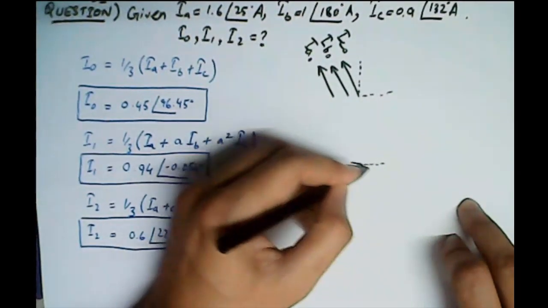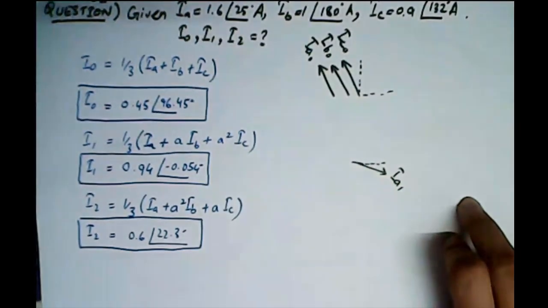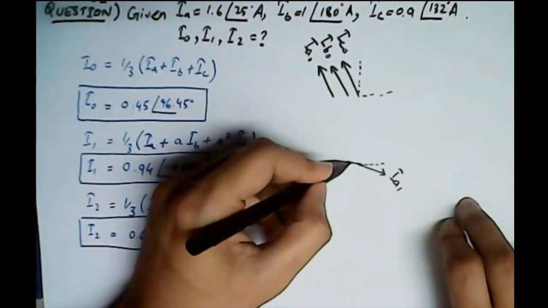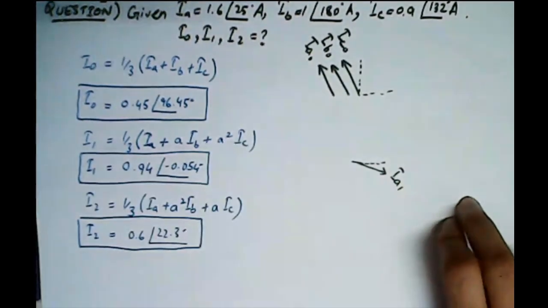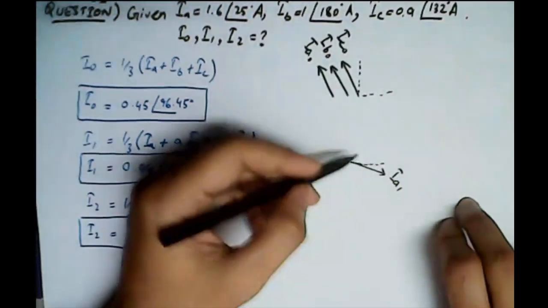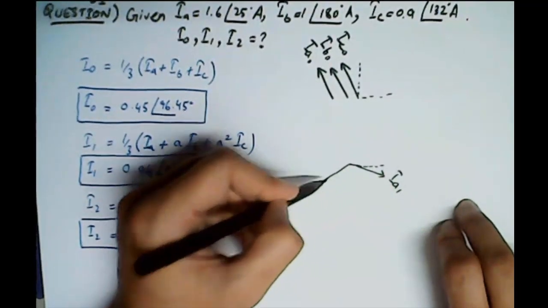This would be IA1, and we know that between IA1 and IB1 the difference is 120 degrees in the clockwise direction, or minus 120 degrees if clockwise, and 240 degrees in anti-clockwise, right?